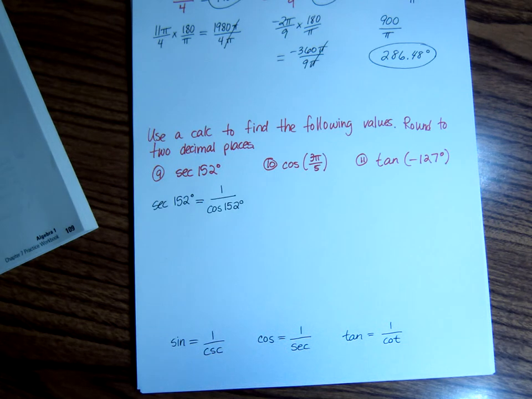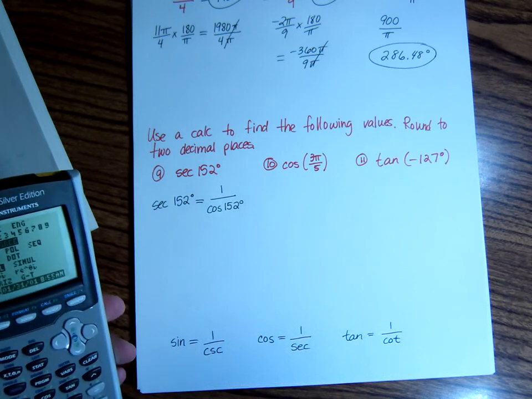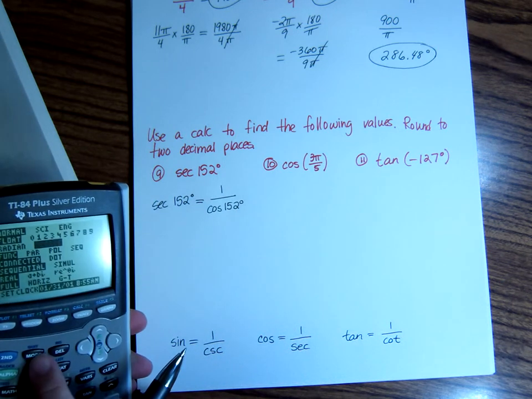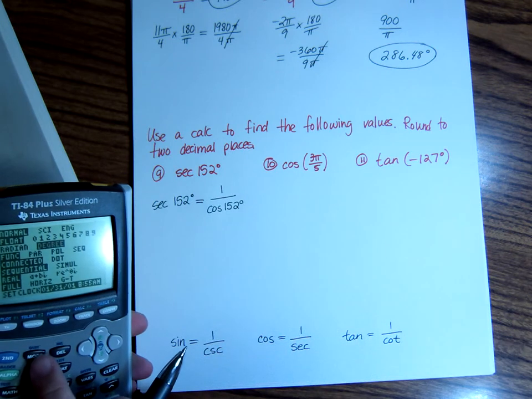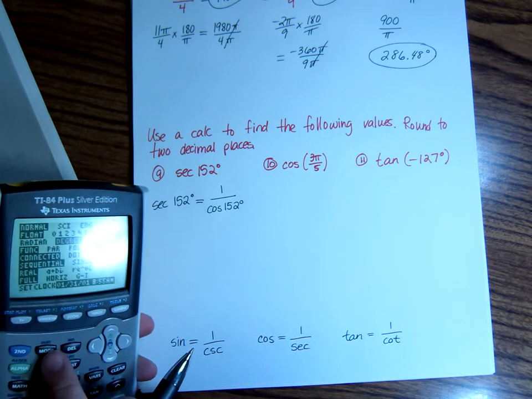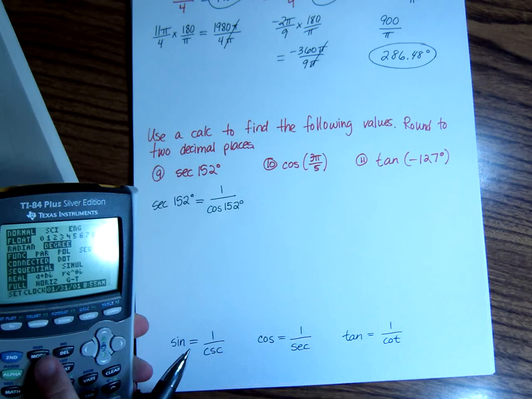Okay, make sure your calculator is in degrees. If you don't remember how to do that, go to mode. So make sure your calculator's in degrees if you're using degrees. If you're using radians, make sure your calculator's in radians.